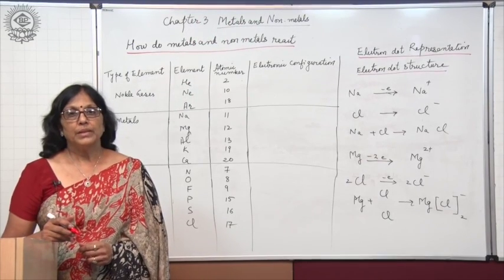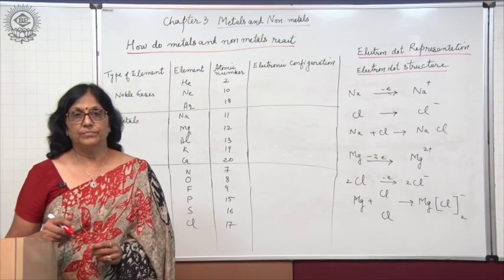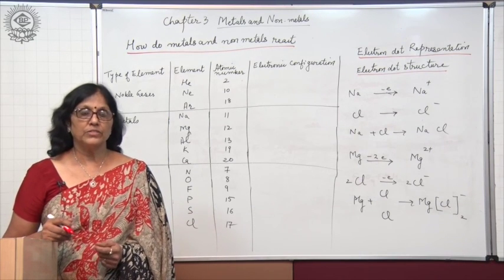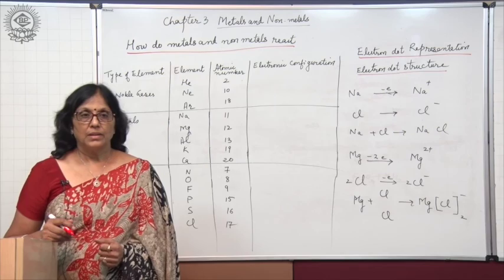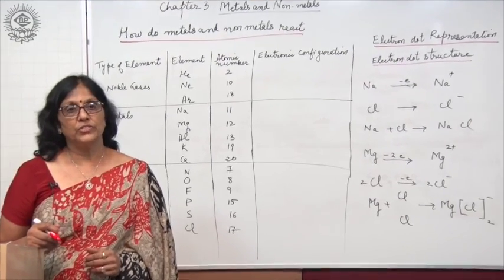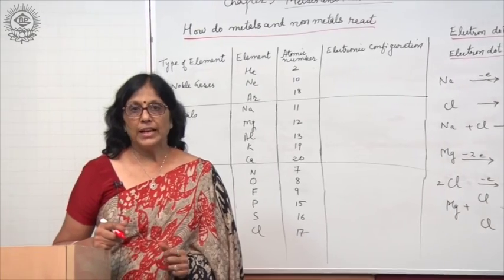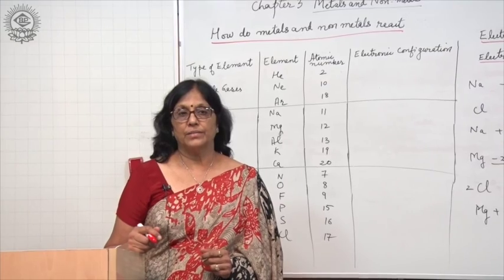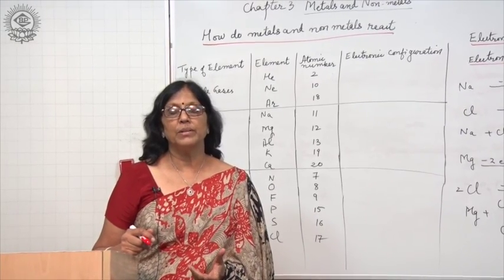How do metals and non-metals react? We have studied earlier the reaction of metals with various reagents, and now we will study how metals and non-metals react with each other. The question arises, why do metals and non-metals react, or in fact we can say why do elements react?